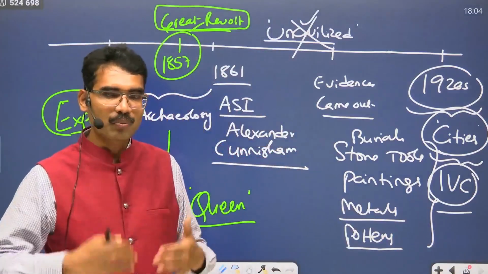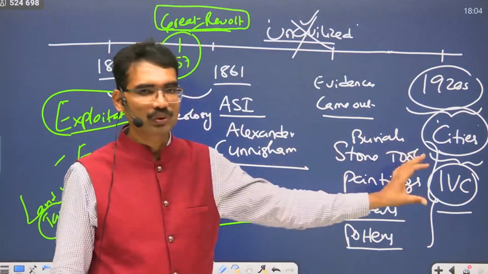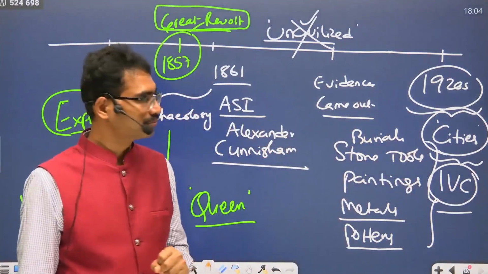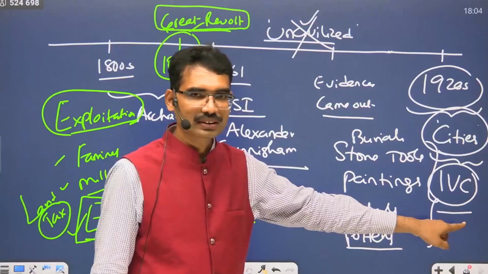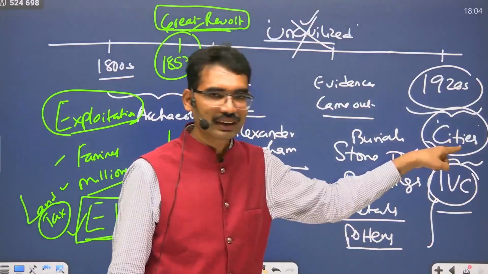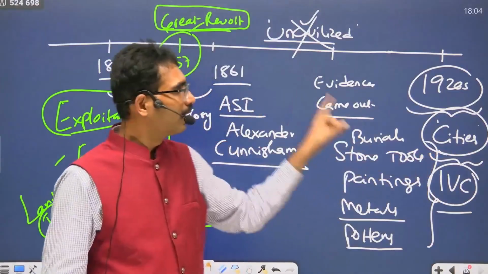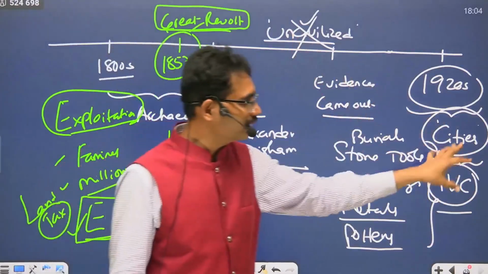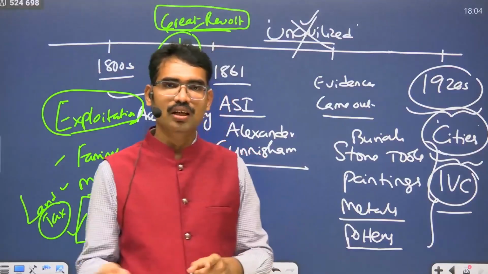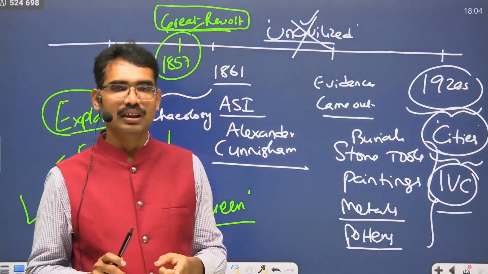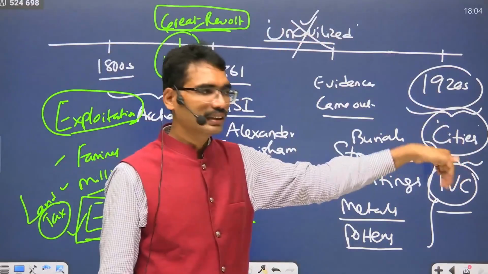Now, the more they dig, they are coming to know about greater facts. By the 1920s, like this. But this city culture is not going to be all of a sudden. Can it be all of a sudden? But the British wanted to prove that these cities were also not created by Indians. Someone came from outside and gifted to India.